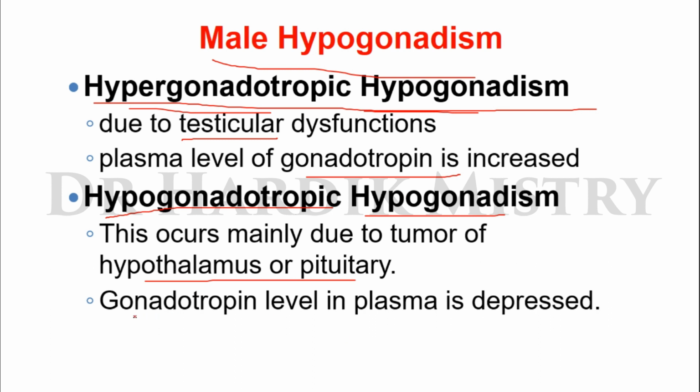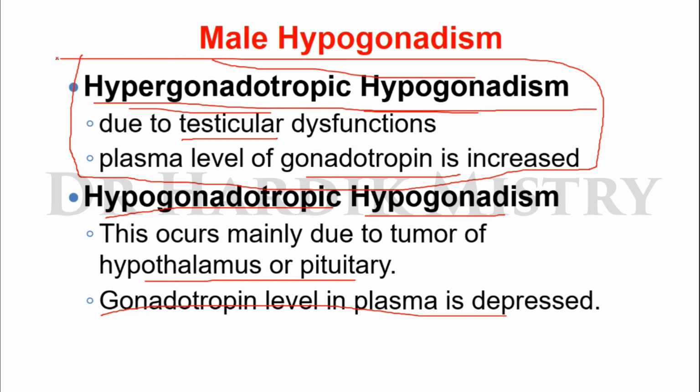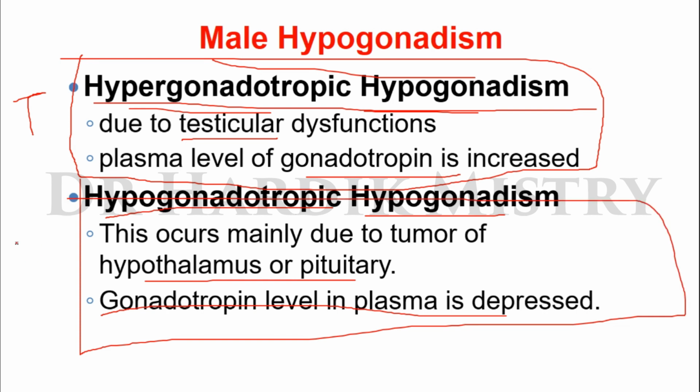Due to this hypogonadism, the testosterone level is reduced, and in this condition gonadotropin level in plasma is depressed. In the first condition, there is an abnormality inside the testis. And in the second condition, there is abnormality either in the hypothalamus or pituitary gland or in both.